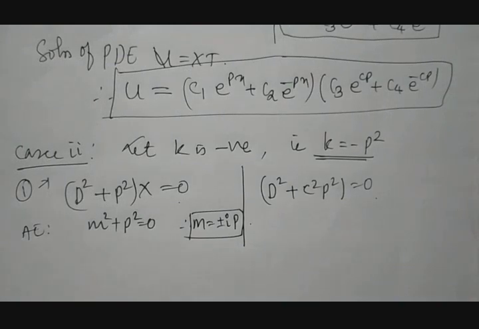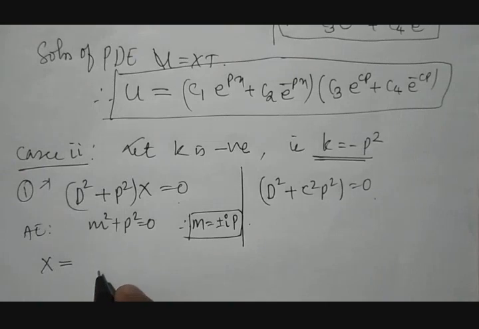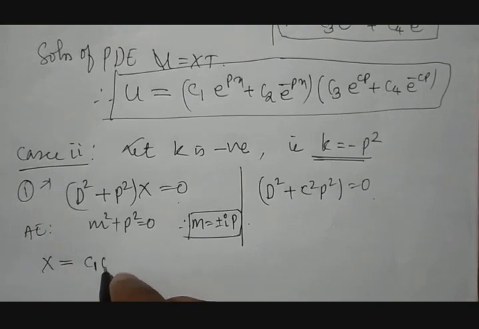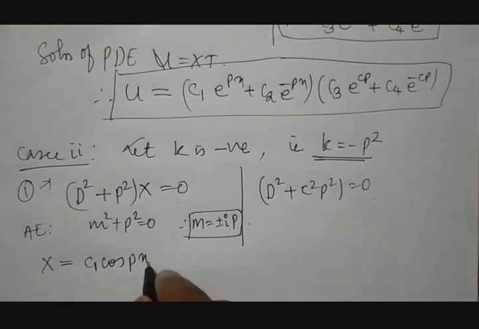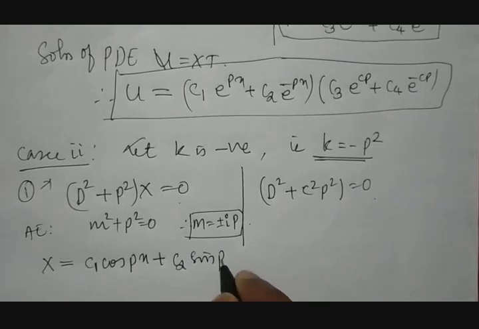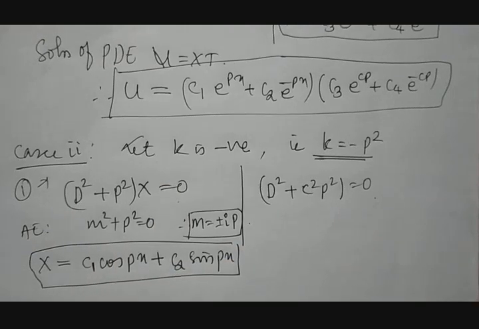When it is plus or minus iP, what is the solution? The complementary function, it is purely imaginary. Therefore, that is C1 cos Px plus C2 sin Px. This is the solution for X, this equation.